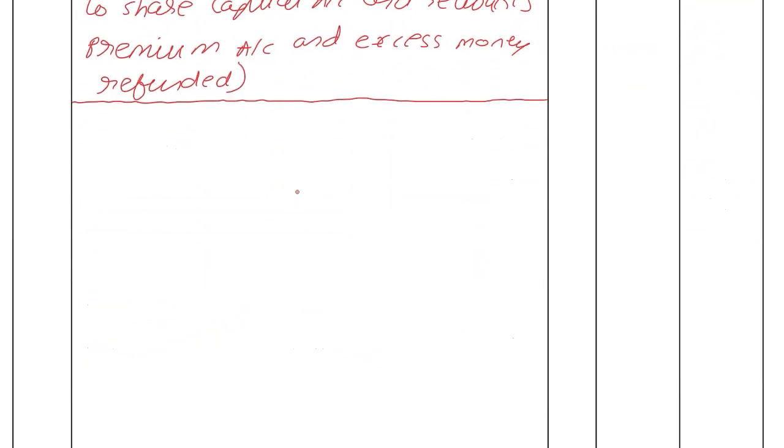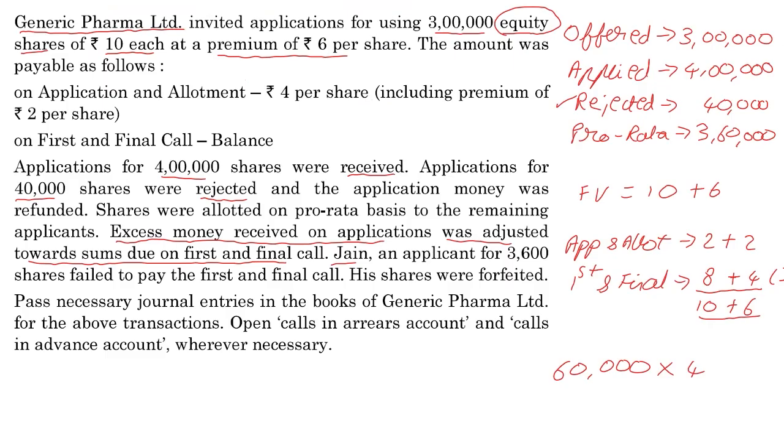Now, what is the next step? I have to tell the allottees that please pay the first and final call. Okay, so when it is due, when we are telling them to pay, how much are they supposed to pay altogether? 12, out of which 8 is to share capital and 4 is to premium.